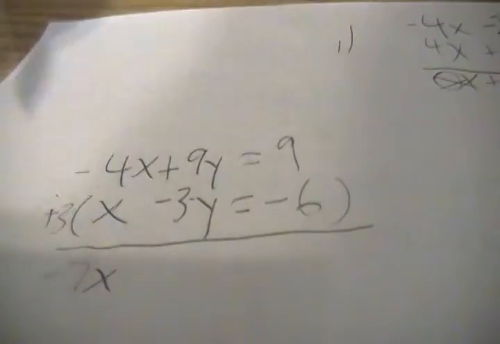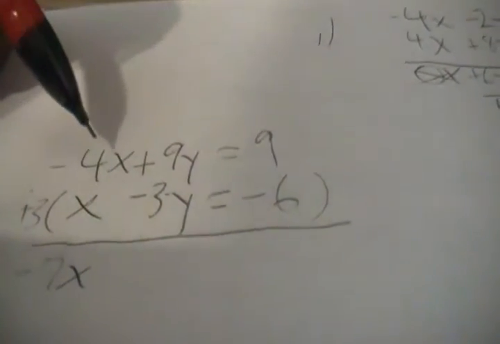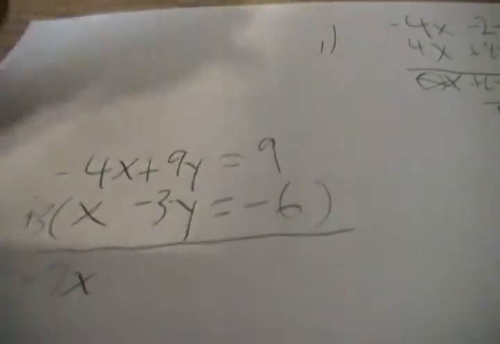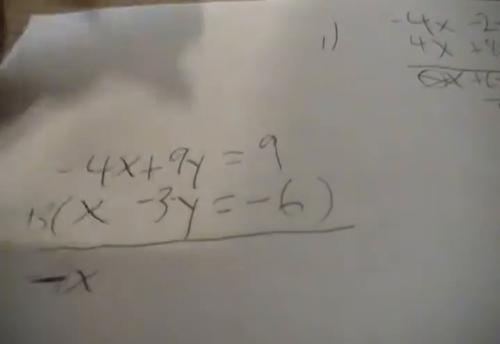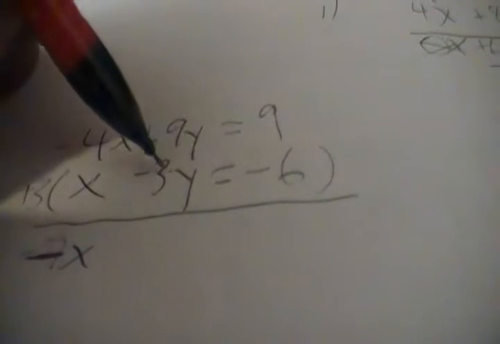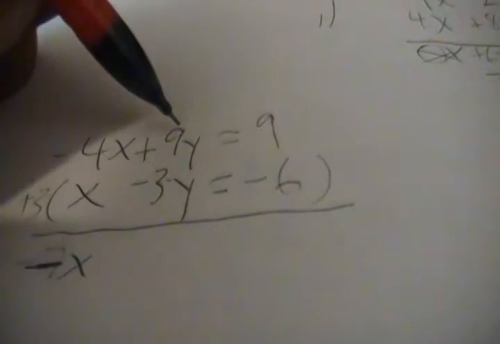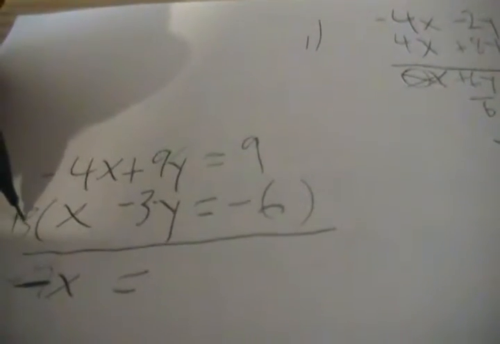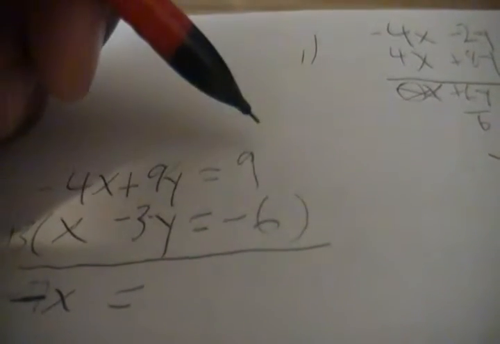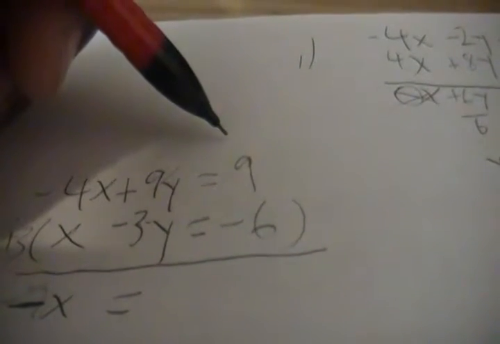Negative 4x plus 3x is just going to be negative x. And then 3 times negative 3 is negative 9, so the 9's cancel out. That's good. So negative x is equal to, 3 times negative 6 is negative 18, so you get negative 18 plus 9.